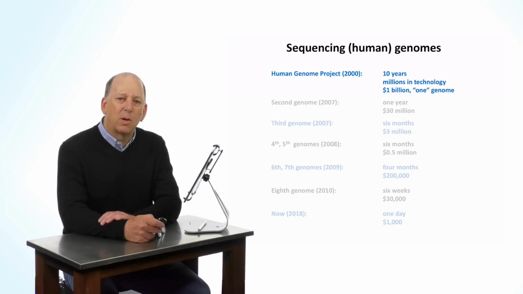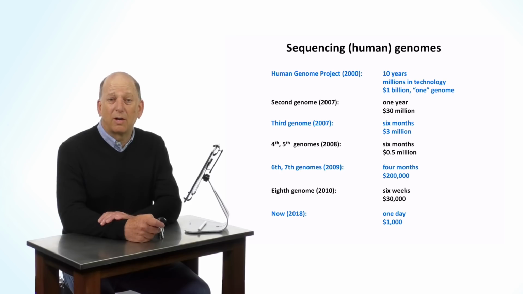The project to sequence all 3.2 billion bases of the human haploid genome was completed in 2000 after about 10 years of work and cost about $1 billion. Along the way, lots of new enabling technologies were developed that continue to benefit the genetics community and the larger research community as well.